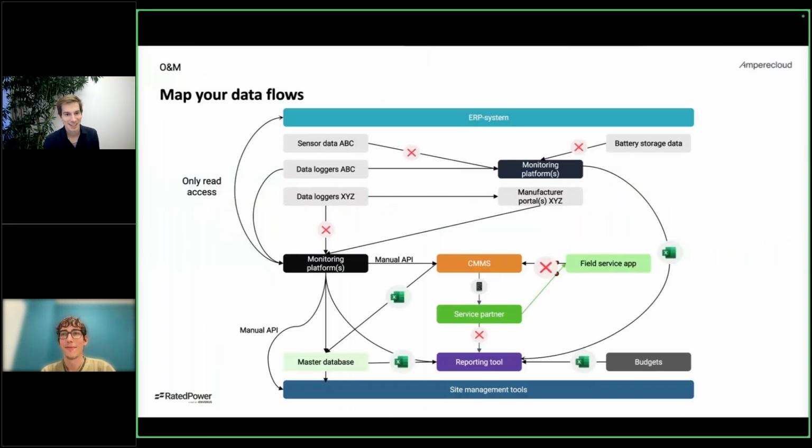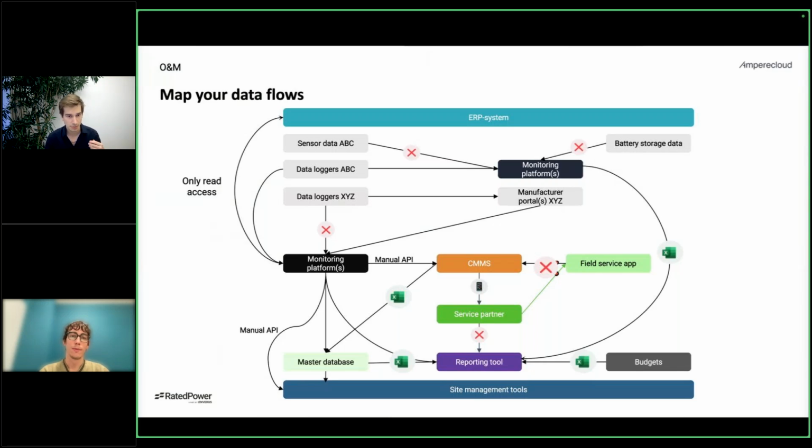And so this is, I promise, the nicest slide we're going to bring today. No, just kidding. This is really the ugly truth that we often encounter when we first talk with customers that have a diverse history of, for example, mergers and acquisitions of power plants, of setting up different business units, integrating different monitoring platforms.